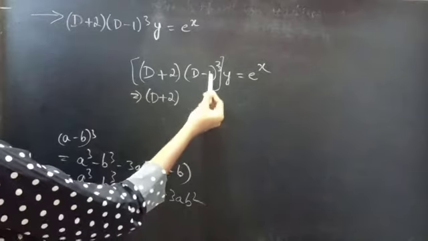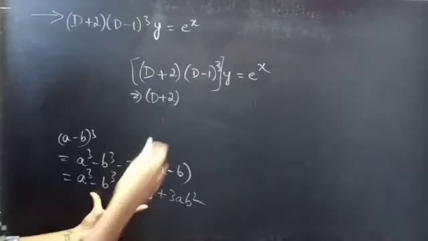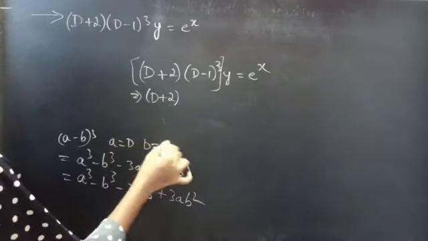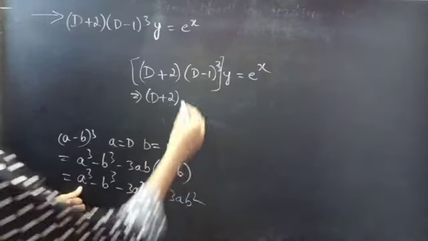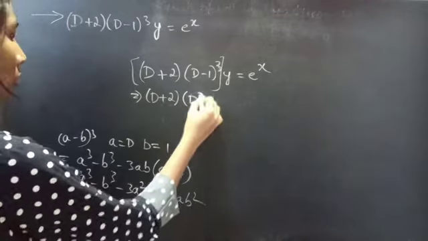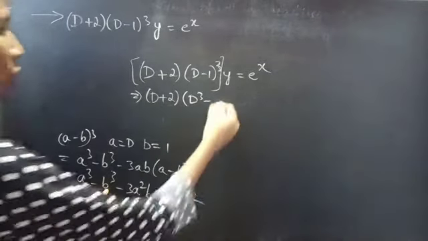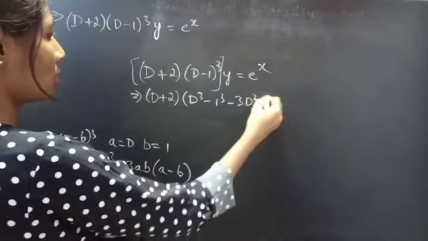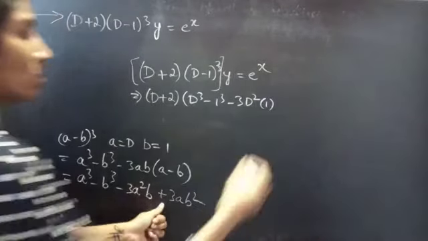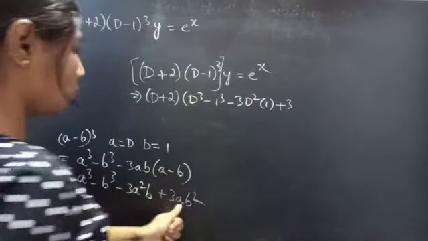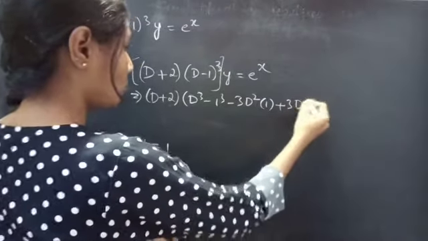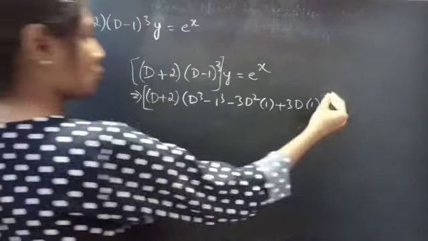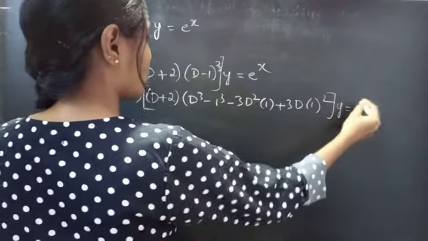You can expand (D-1)^3 using this formula for a = D and b = 1. You'll get D^3 - 1^3 - 3 D^2 · 1 + 3 · D · 1^2, into y equals e^x.